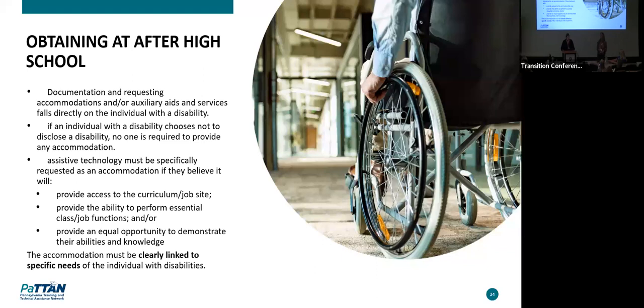So when you start looking at how to obtain different types of tech after high school, we really need to understand, as Tammy mentioned with her daughter, with yourself as youth, that this is not your IEP following you through into the adult world, into post-secondary education, into employment.